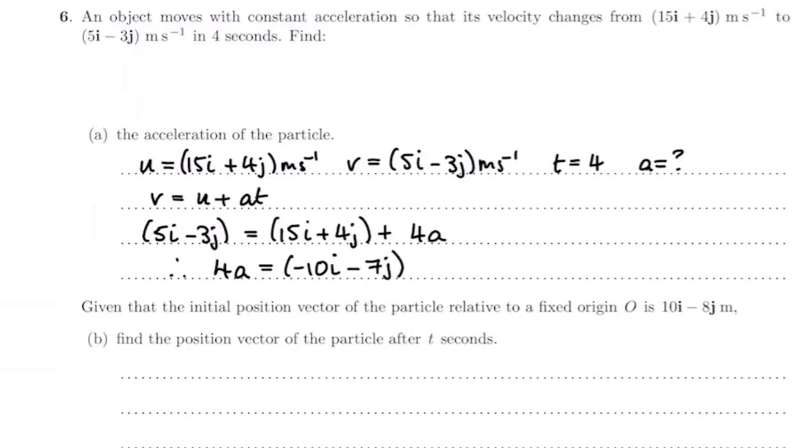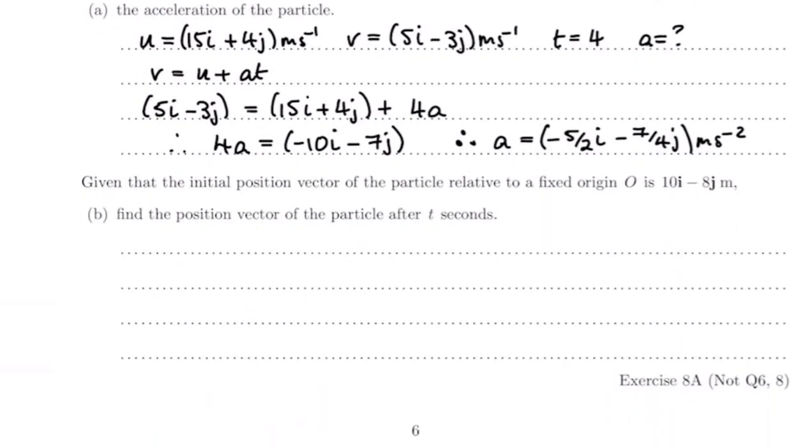Again, I've not put the units on. If you divide both sides by 4, you get that a equals negative 5 over 2 i, and negative 7 divided by 4 is 7 over 4 j. And that is meters per second per second.